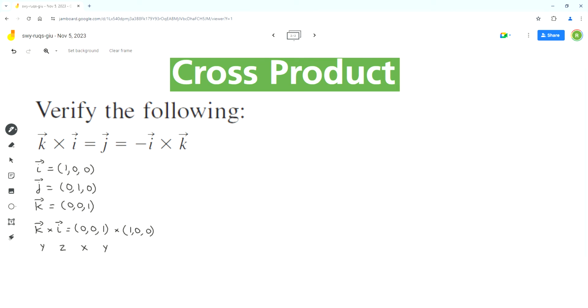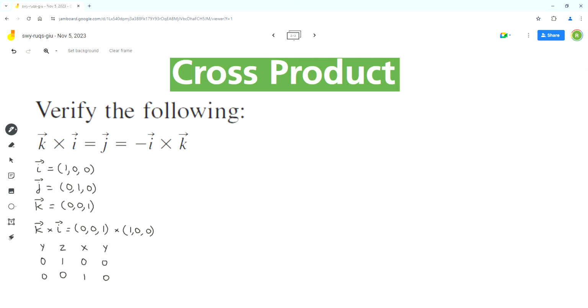For the first vector, the y component is 0, z component is 1, x component is 0, and y component is 0. For the second vector, the y component is 0, z component is 0, x component is 1, and y component is 0.